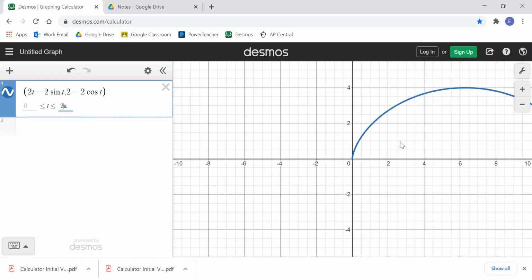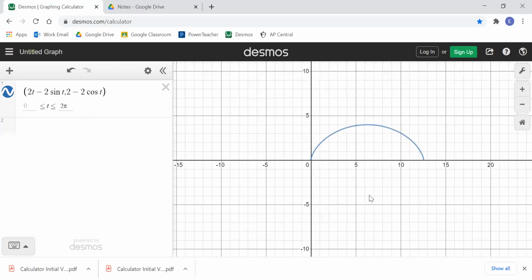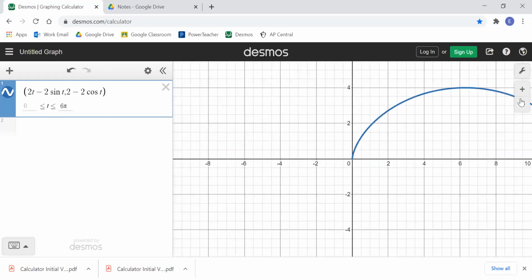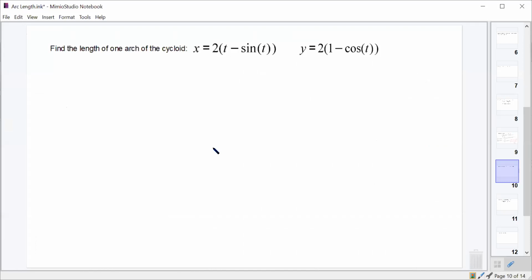Looks like 2 pi ought to do it, which makes sense, right? Because both of those are just t values, so it's going to repeat every 2 pi. And just to see what it does, if I throw in 4 pi there, it's just going to keep bouncing over and over, the exact same thing. This is a cycloid. So we're going to go from 0 to 2 pi. Everybody good with that?